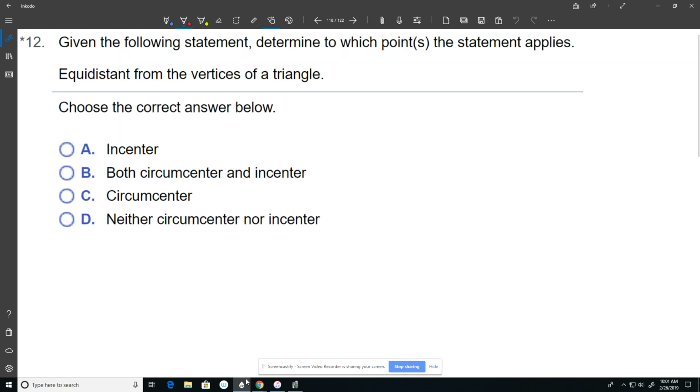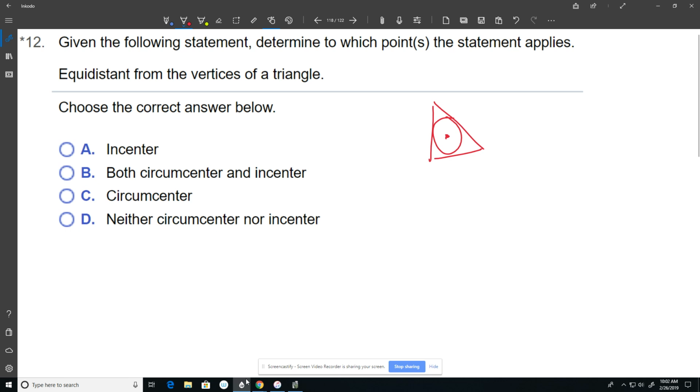All right, number 12, given the following statement, determine which point the statement applies to. So what is equidistant from the vertexes of a triangle? And it wants you to choose either the in-center, the circumcenter, neither, or both. Well, if you remember, the in-center is the center of the circle that is inside the triangle.